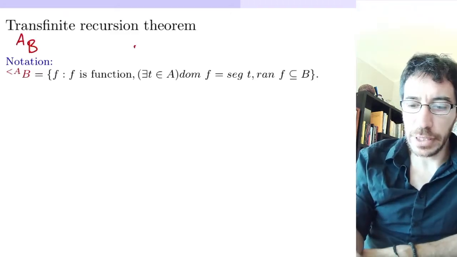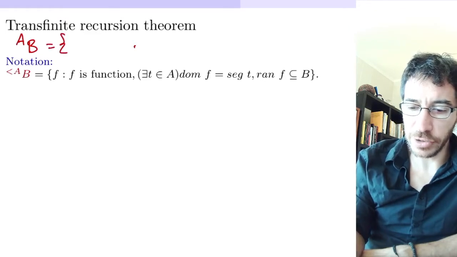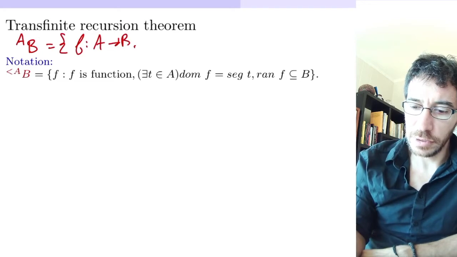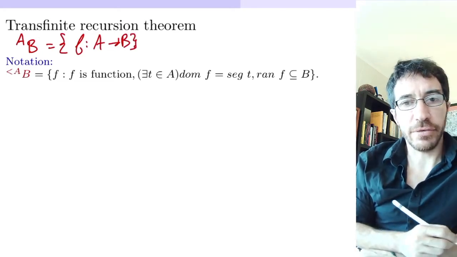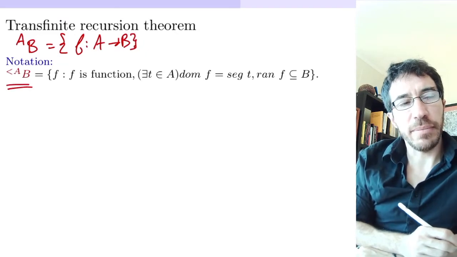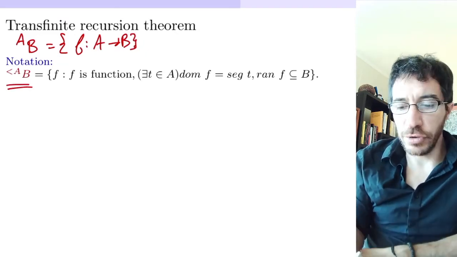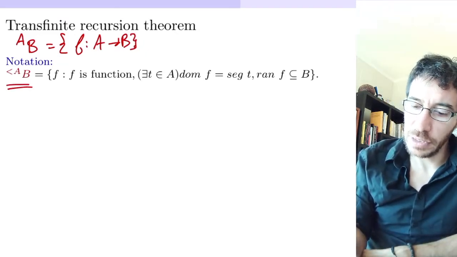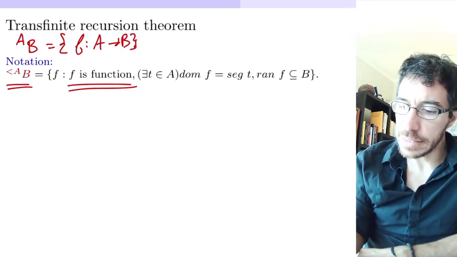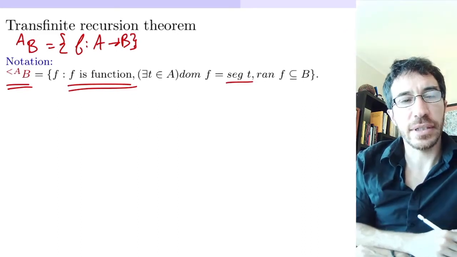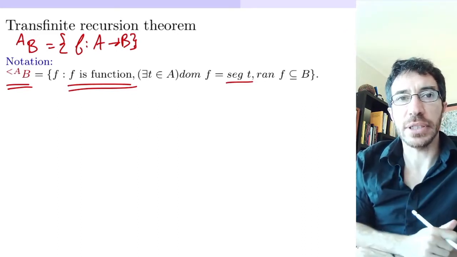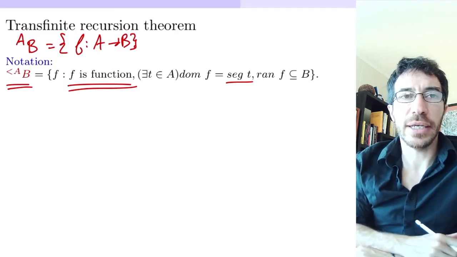Remember, b to the a is the set of all the functions from a to b, and we're defining less than a to the b, and this is the set of all the functions whose domain is of the form seg t, so the initial segments below some t, and the range is included in b, right?